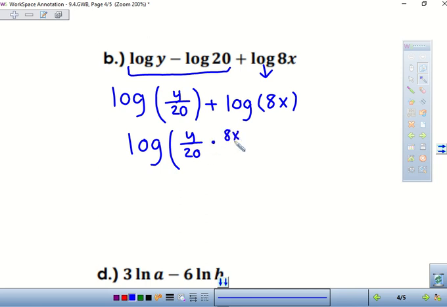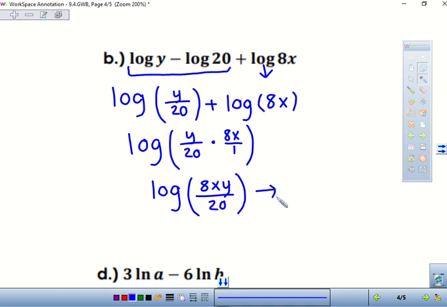And when you multiply a number times a fraction, you can put that single monomial over 1. And then what can I do to simplify this? Multiply across, right? But we can actually simplify that one further, right?